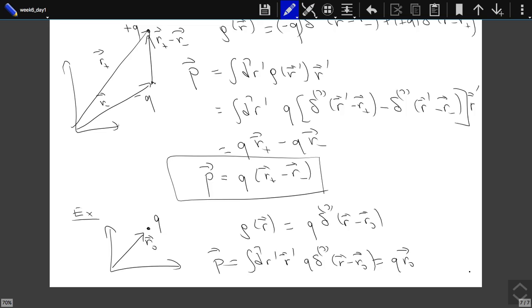But I'm free to choose my origin whichever way I like. I can put my origin over here, over here, or over here. But if I change my origin, the dipole moment changes. I could have chosen my origin to be at the position of my charge. In that case, r0 would be 0 and the dipole moment would have been 0. So basically, the dipole moment depends on your choice of the origin.